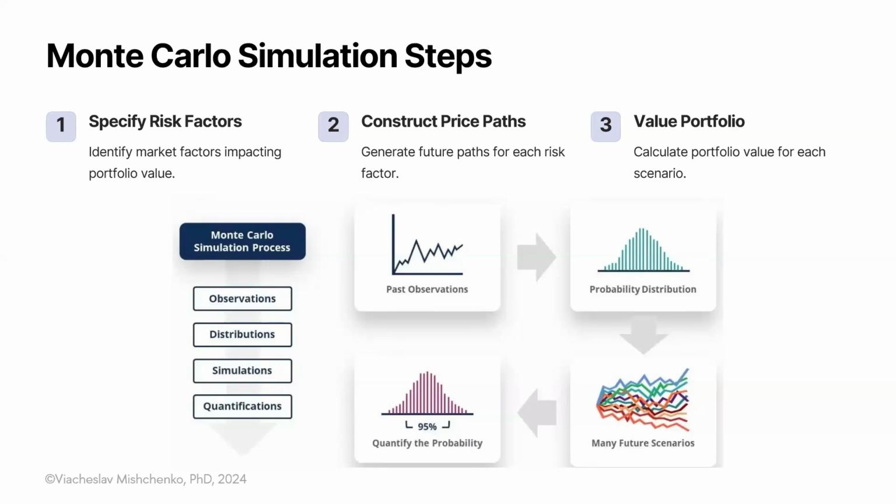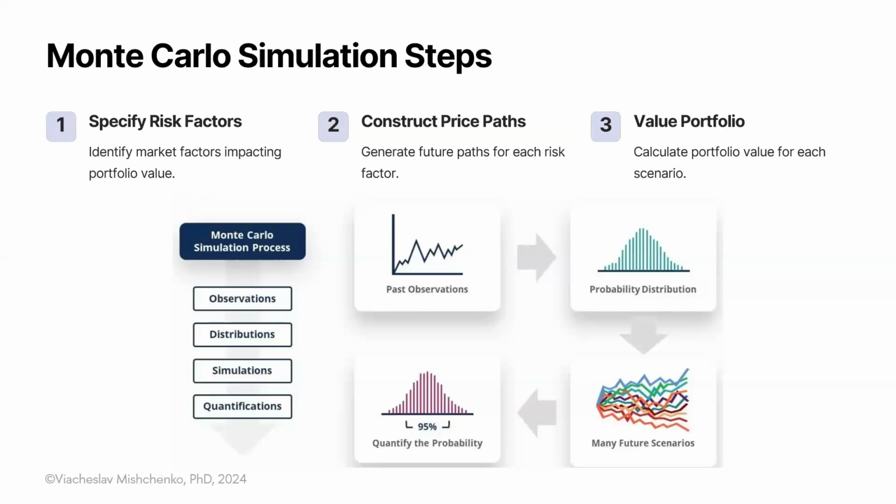And here it's critical to capture all of the correlations between all of the risk factors, because in stressed market conditions, correlations often increase, which may lead to larger portfolio losses compared to uncorrelated moves of the rates or equity prices and so on.